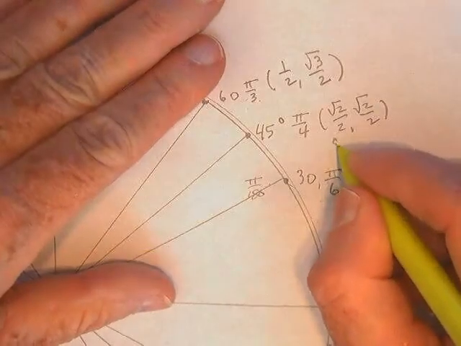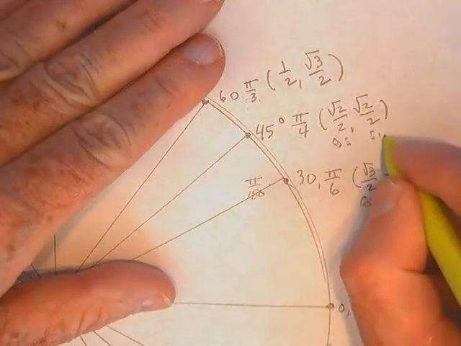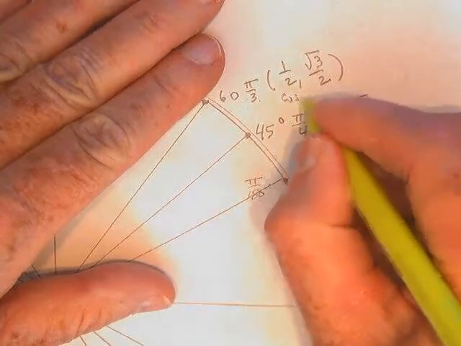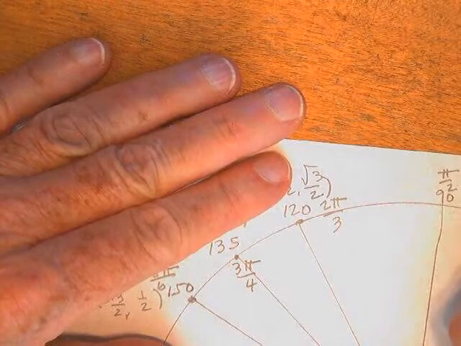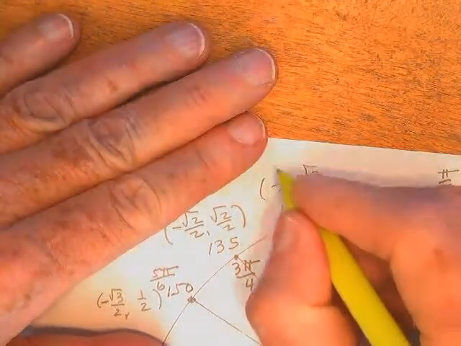Okay, so please go around on your unit circle and write cosine and sine.